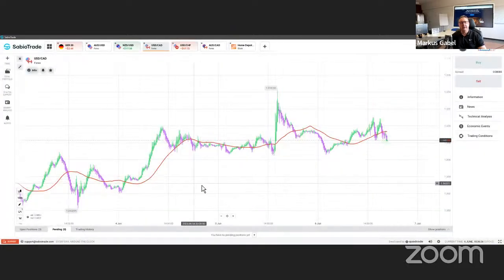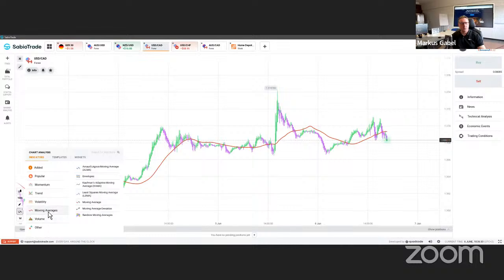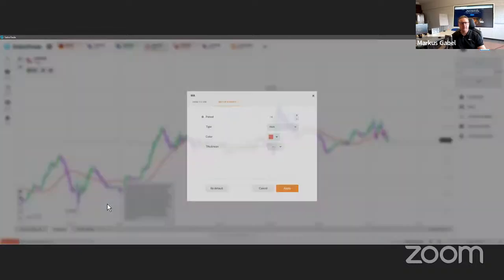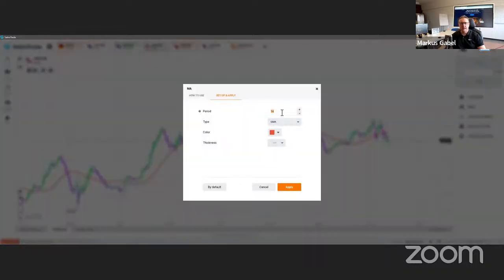And we need a faster moving average. So we go again to indicators, moving average, and let's say just 10, which means it's the average of the last 10 periods. Whatever time frame you use, no one cares. And let's take another color, a blue one, and the thickness.